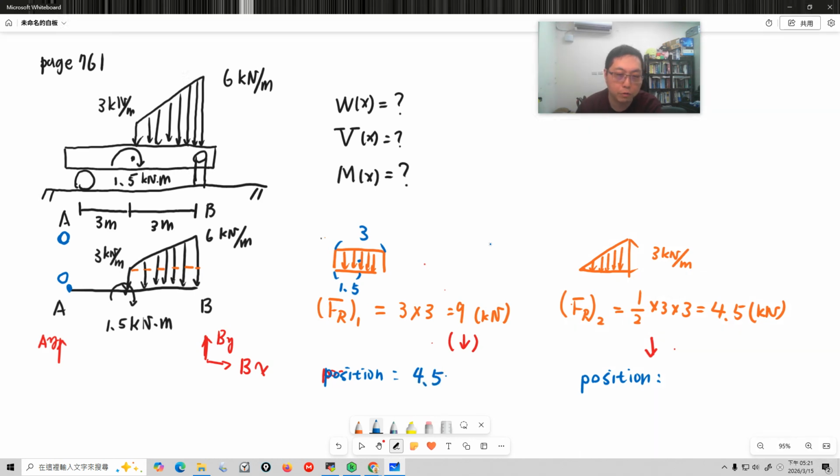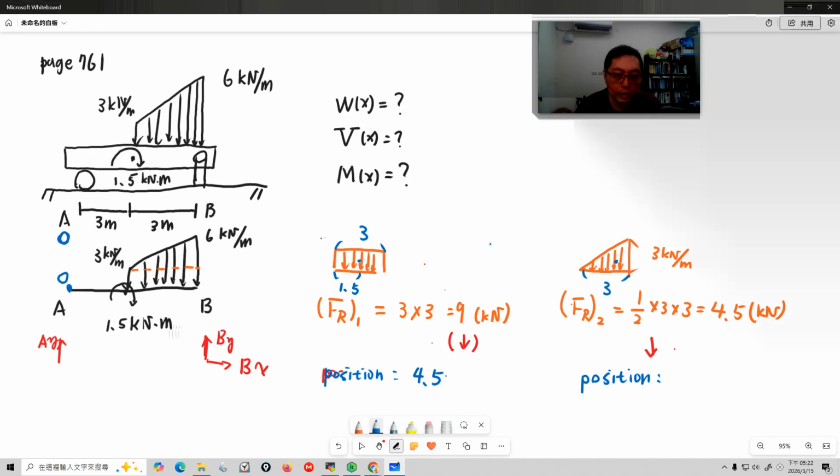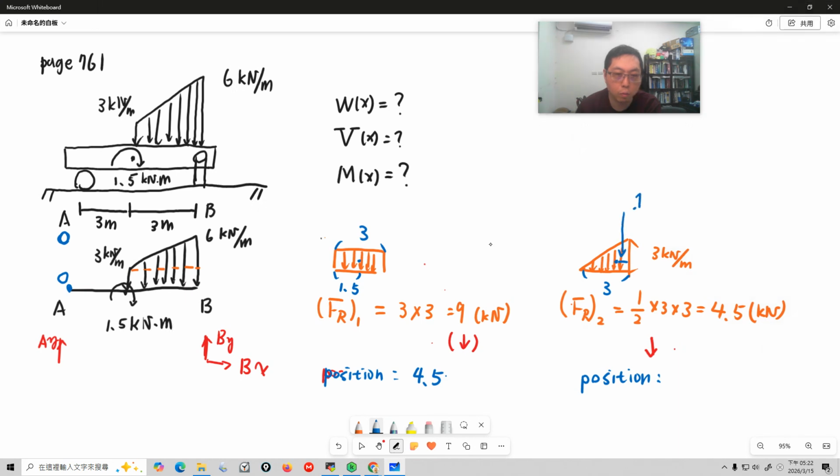What's the position of FR2? I think it's here, very close to this point. We know this distance is 3, so what's the distance here? The distance here is 1, the centroid of the right triangle.